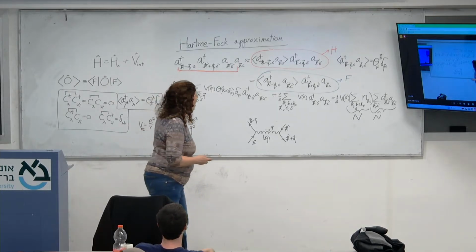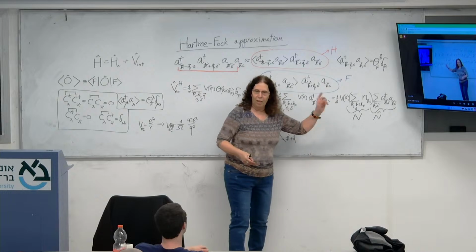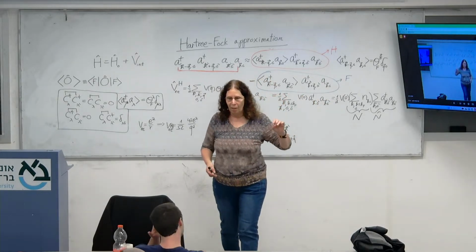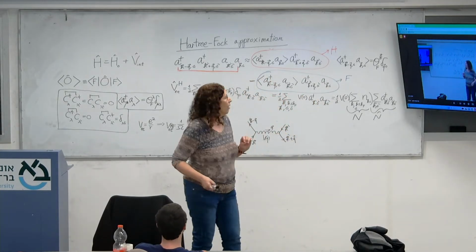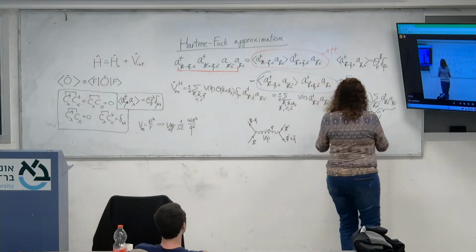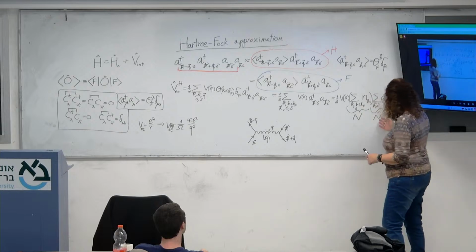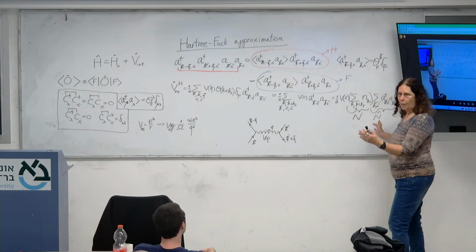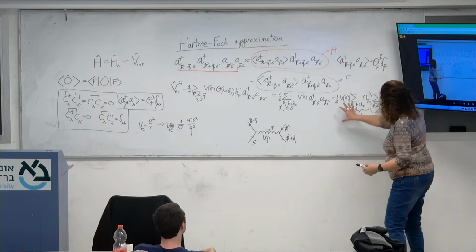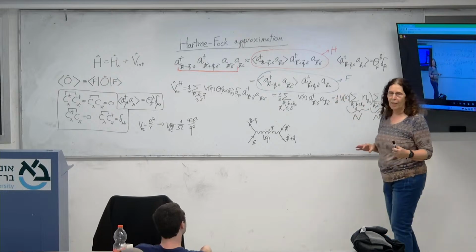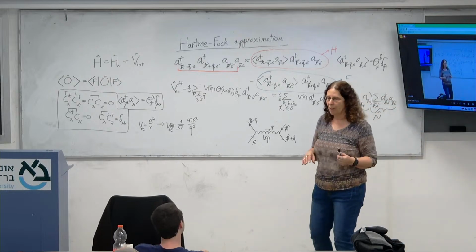And therefore, in this particular example of electrons in a metal with Coulomb interaction, the Hartree part by itself looks like a huge energy. If the system has finite size, what you get here looks like the energy of a capacitor.